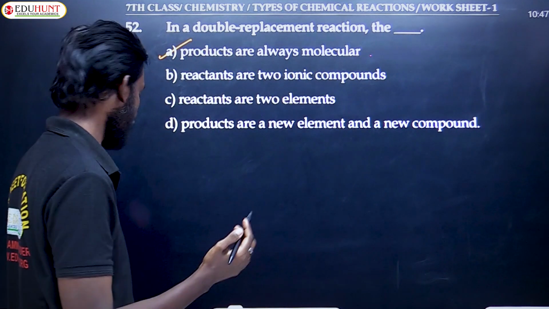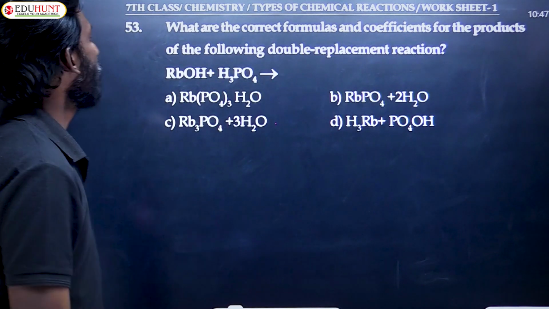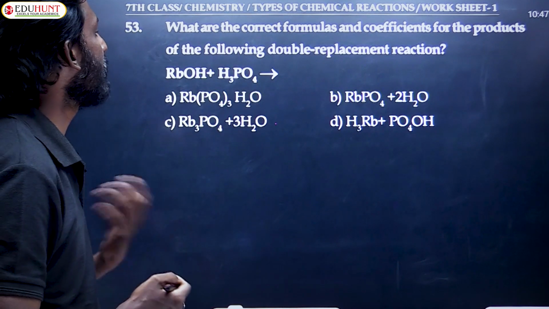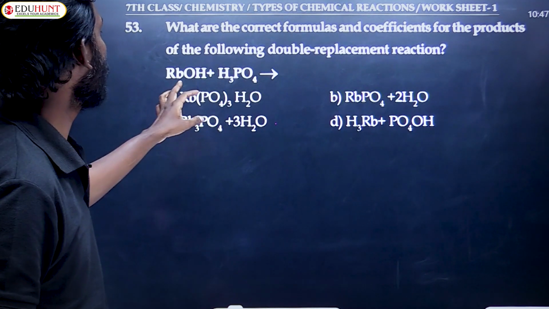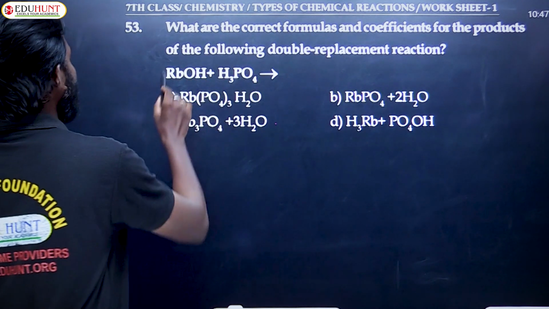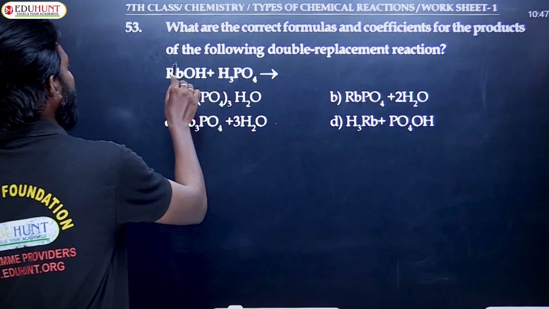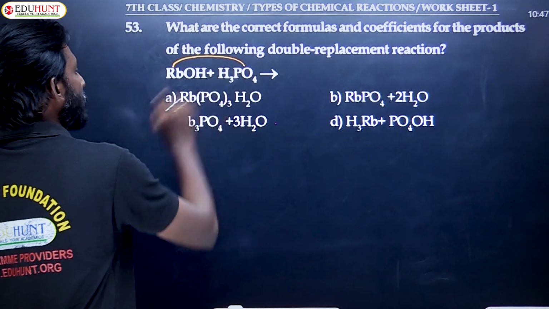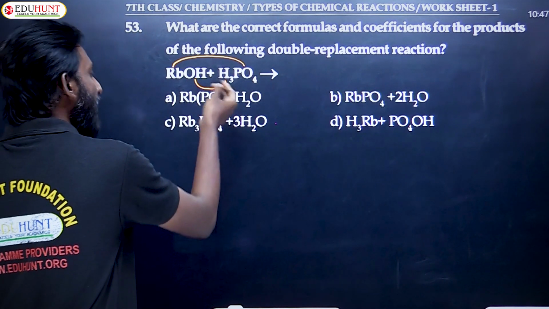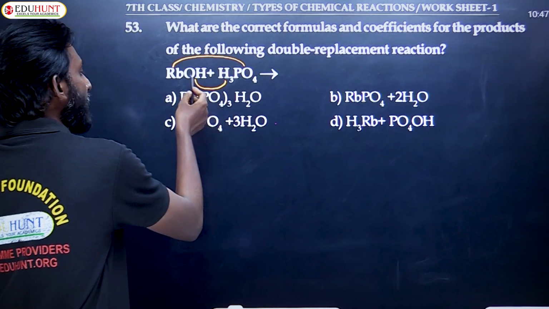What are the correct formulas and coefficients for the products of the following double displacement? RbOH, H3PO4. So the cation of rubidium has to interchange with the anion phosphate, and H plus from acid combines with OH minus from base.